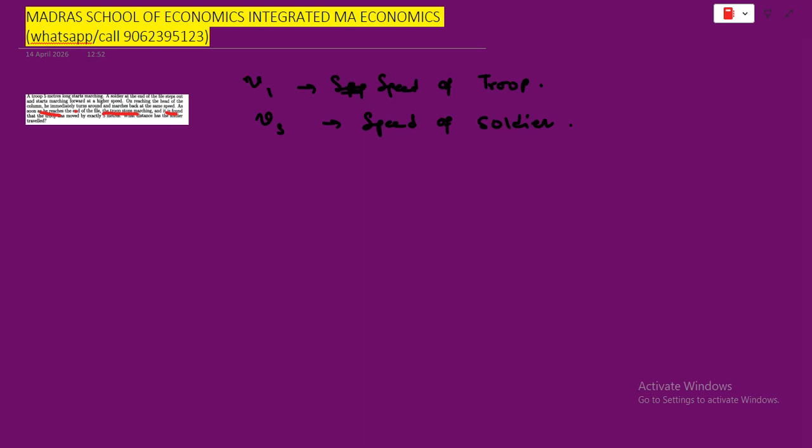The length of the troop L is 5, and the distance the troop moved is D, also 5. So the total time, capital T, for this whole drama is the time the troop took to move 5 meters. So T will be distance by speed, that is 5 by Vt.